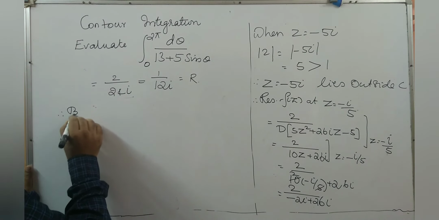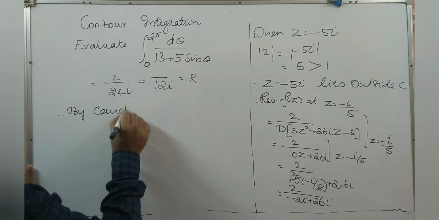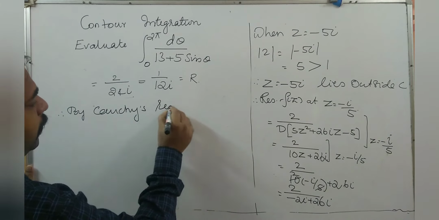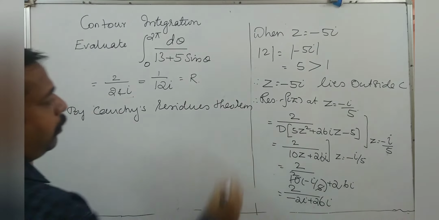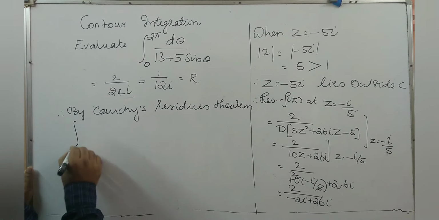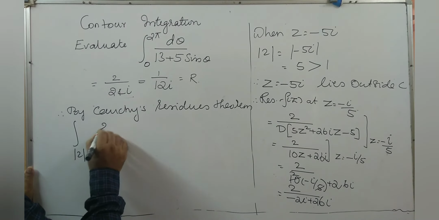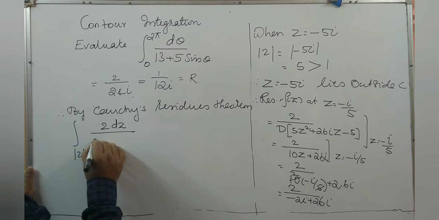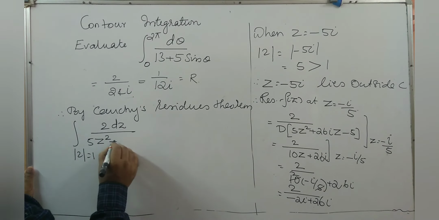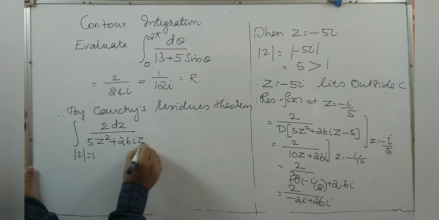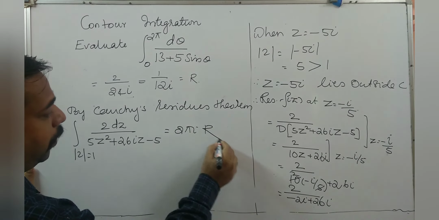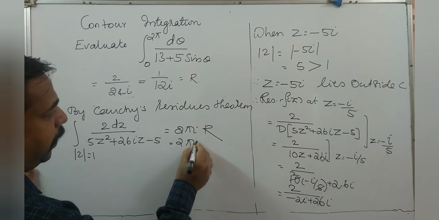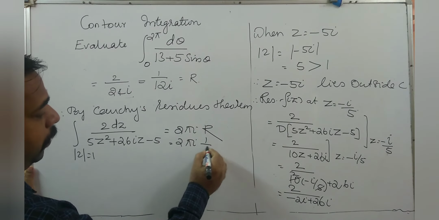Therefore, by Cauchy's residue theorem, the integral over mod z equal to 1 of 2 dz divided by 5z square plus 26iz minus 5 is equal to 2 pi i into R. That is 2 pi i into 1 by 12i.